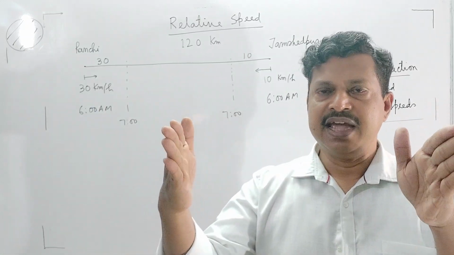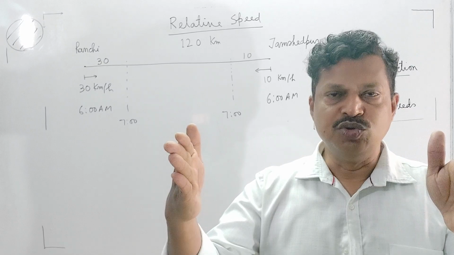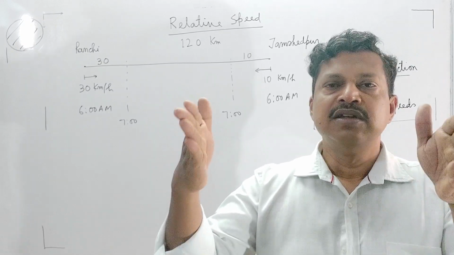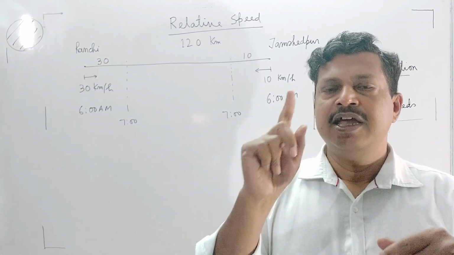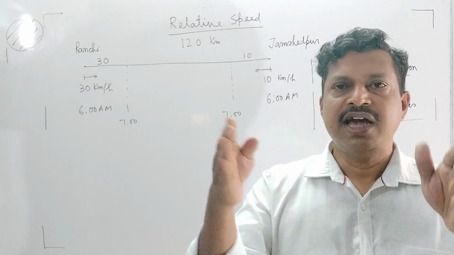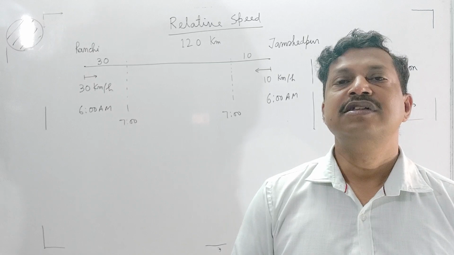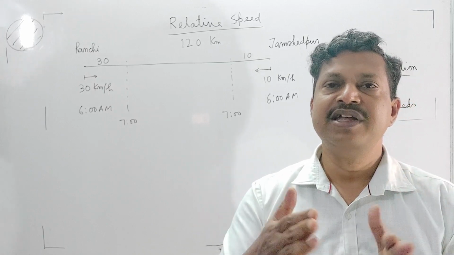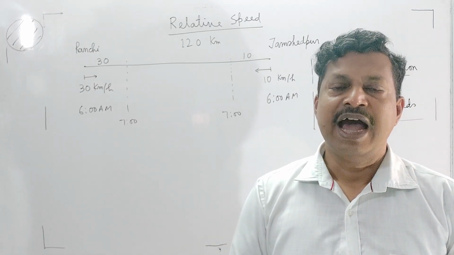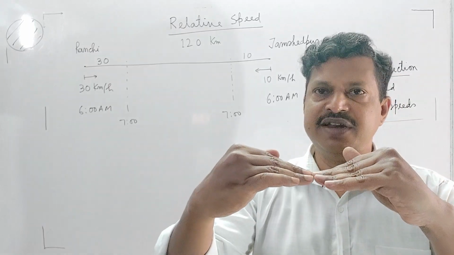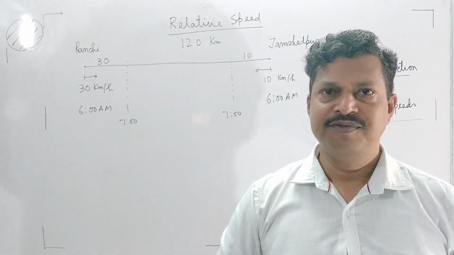At 6 a.m., the gap between these two cars was 120 kilometer. In every hour, they are reducing the gap by 40 kilometer. So in how many hours will they reduce the gap of 120 kilometer to 0? And if the gap is 0, that means they are meeting. Is that clear to you?